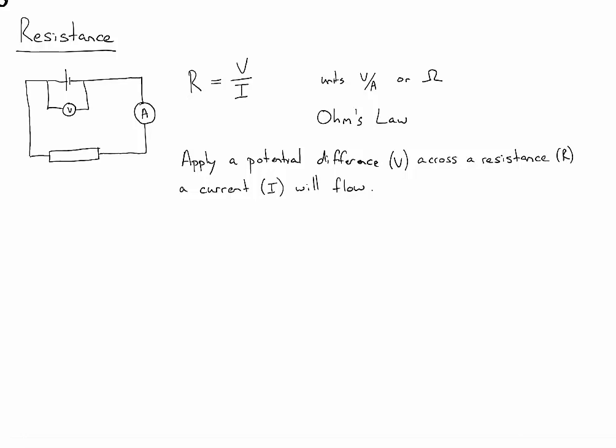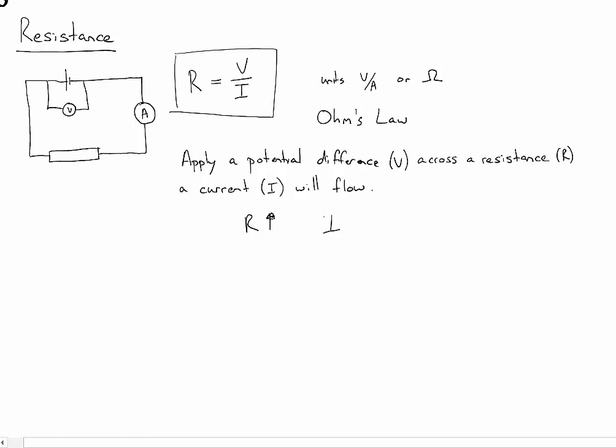And if we look back at this equation up here, this definition of Ohm's law, we can see from the relationship between these variables that if the resistance goes up, that will lead to a lower current. Current will go down. They are inversely proportional.